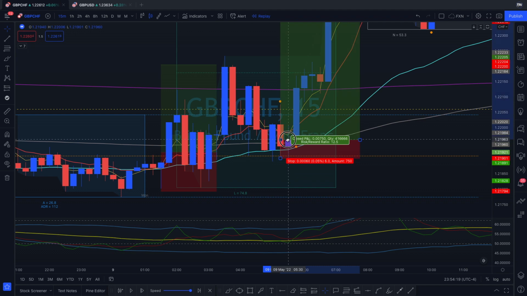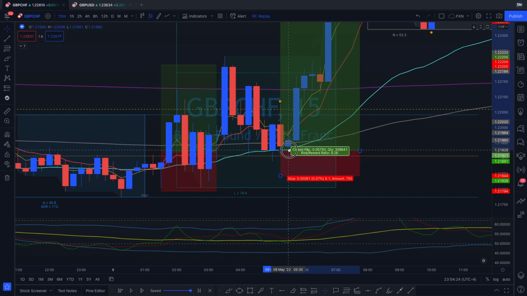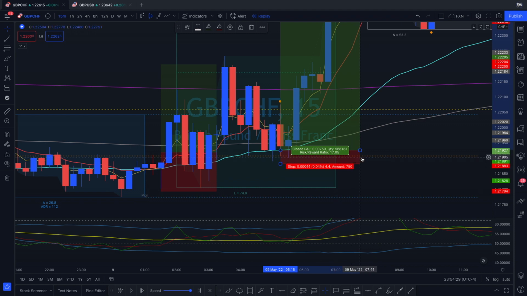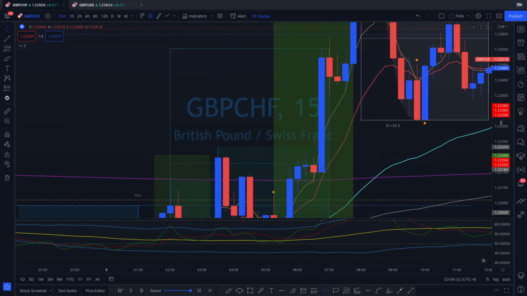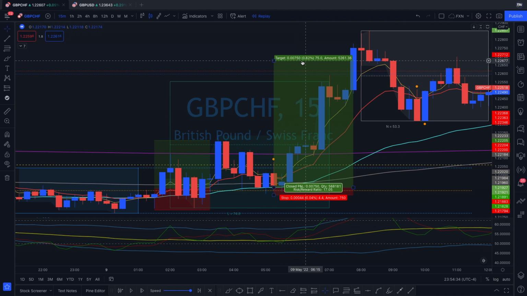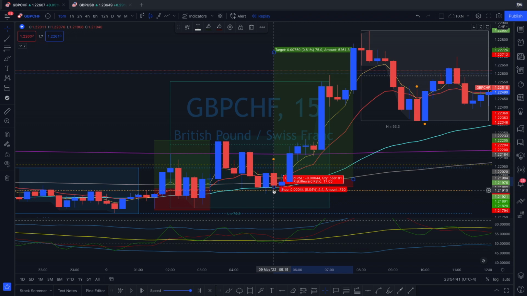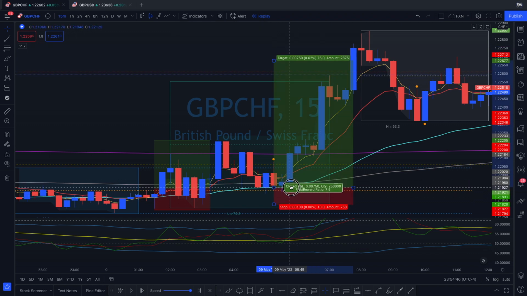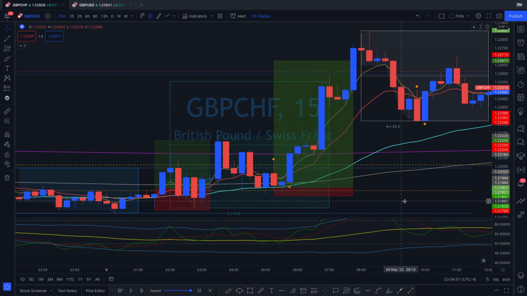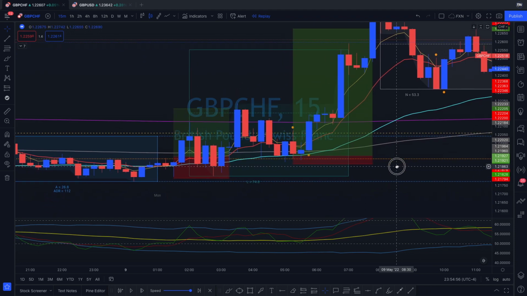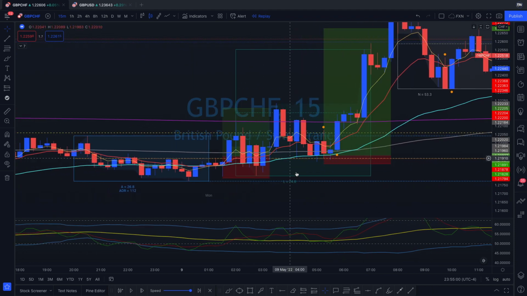If you decided to enter here, then the trade setup is going to look like this. If you decided to enter all the way down here, then your trade entry is going to look like this. So very little risk and a huge reward, because this went up 75 pips easy. Depending on where you got in on this trade, you're looking at a 7-to-1 risk to reward ratio, and I saw even a 17-to-1 risk to reward ratio on a trade like this. 2 examples on the same pair during the same session.